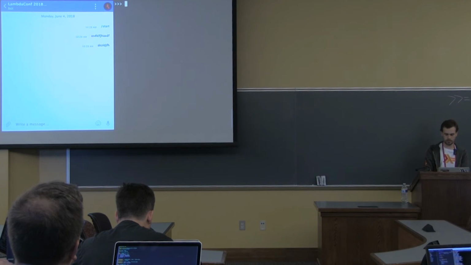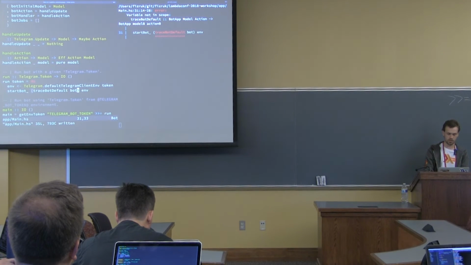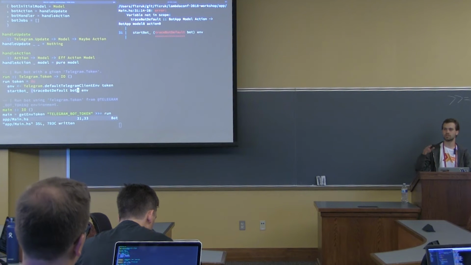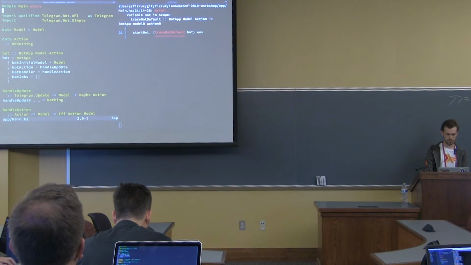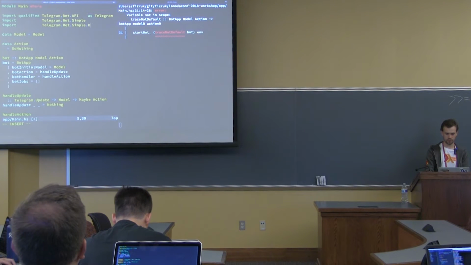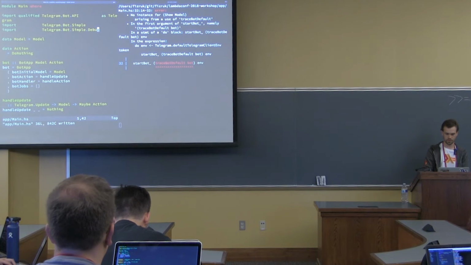It uses the Debug.Trace module for that. It traces the bot's actions, and not just the model and the actions, it also traces the incoming updates from the Telegram server, okay? So if I go here and I add simple debug, all right?